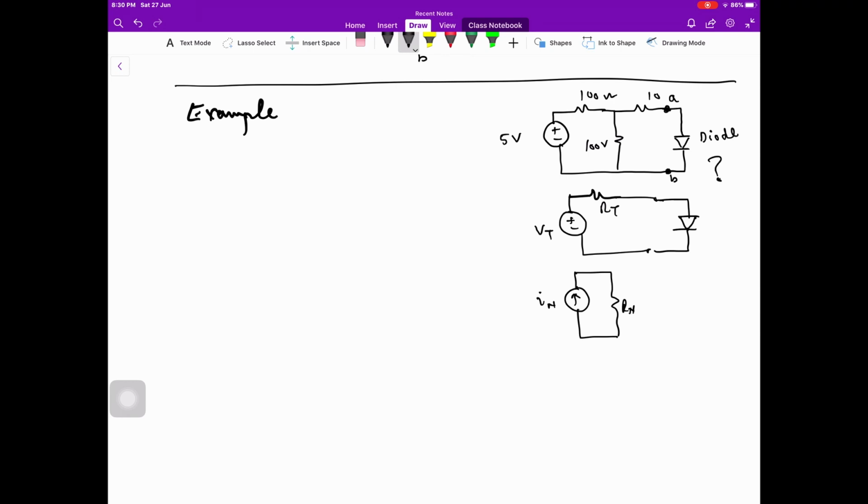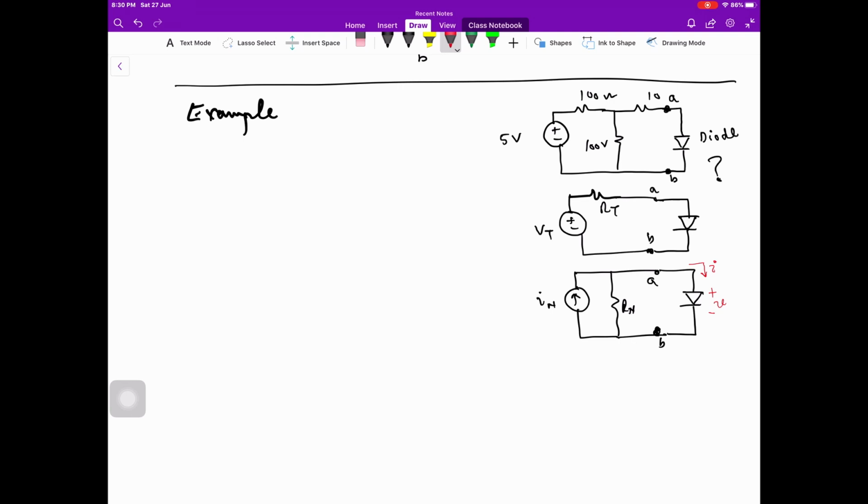Remember R Norton and R Thevenin are both the same. So again, a pair of terminals A and B over here, and the diode over here. So the question is, what is the voltage across this diode and what is the current flowing through the diode?